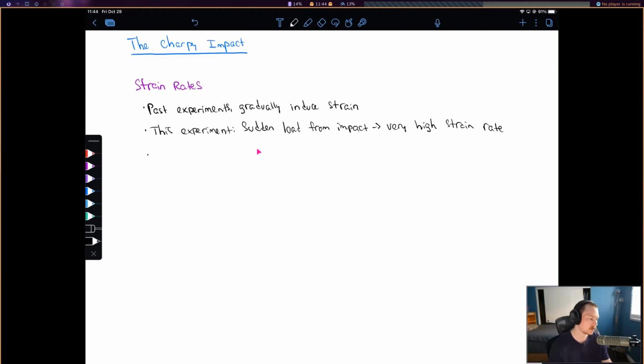Okay, so going on to toughness again, we'll talk about this a little bit more. Toughness is the amount of energy that is absorbed. And for our experiment, it's an impact, so we're going to say impact toughness.